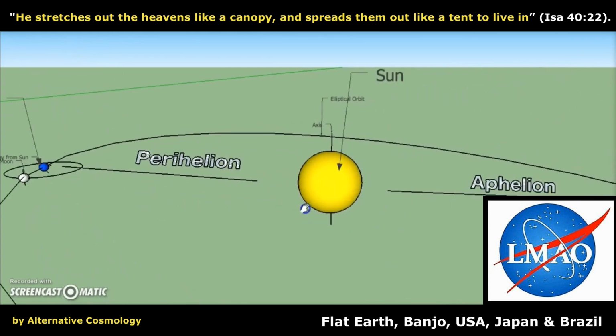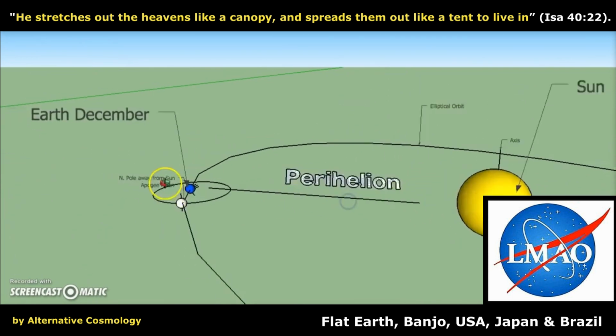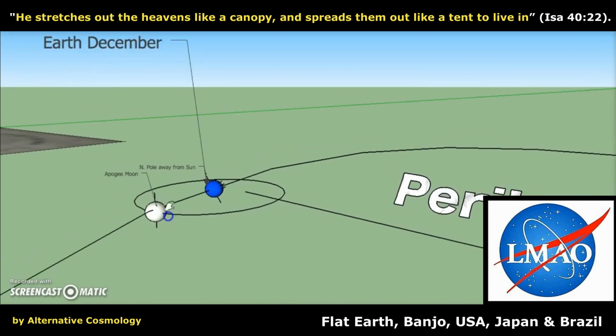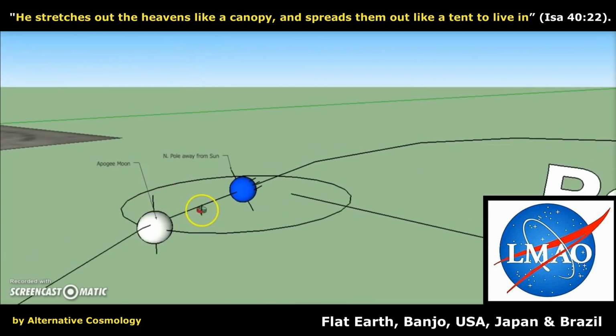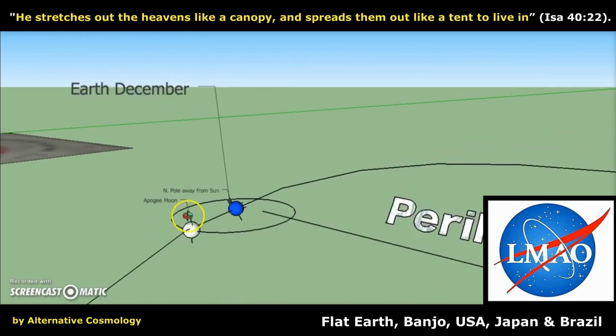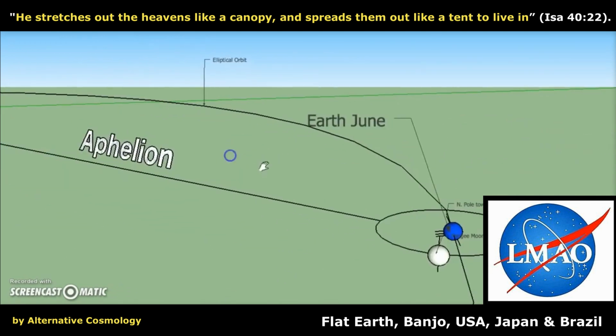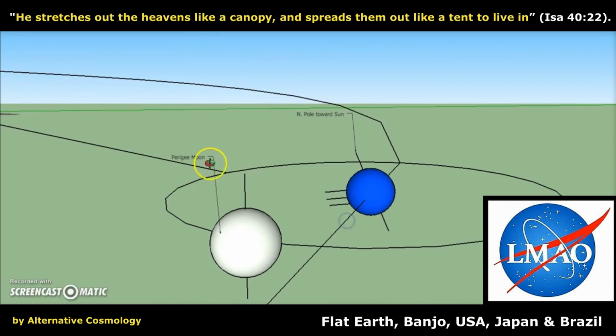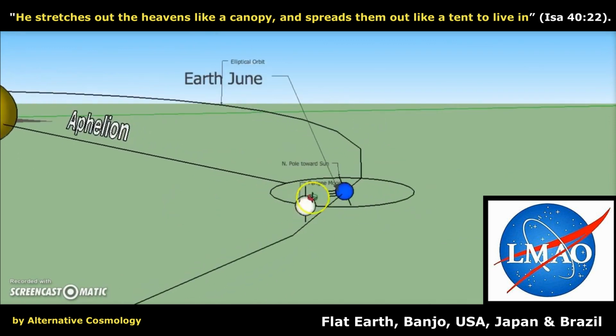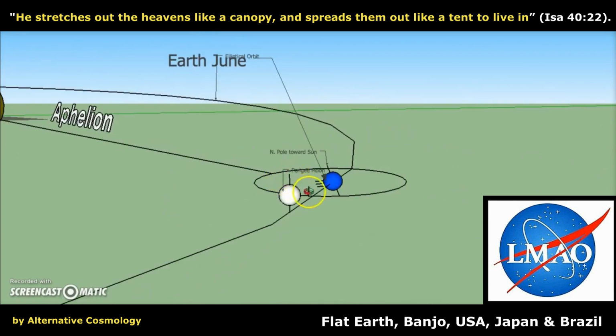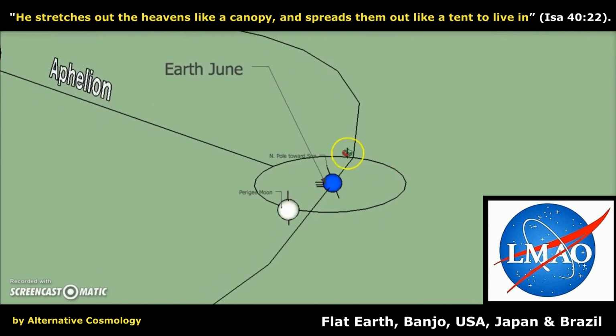Now, apsides are aphelion far, perihelion close with regards to Earth and the Sun. But with regards to the moon and the Earth, when the moon is further, it's called apogee. And when the moon is closer, it's called perigee. Now, the moon gets further and closer.